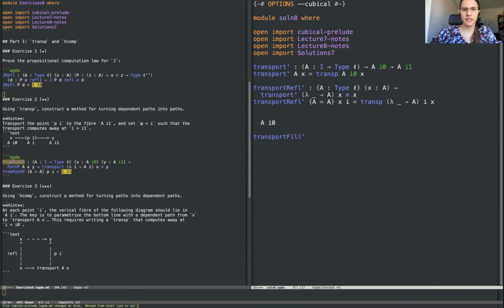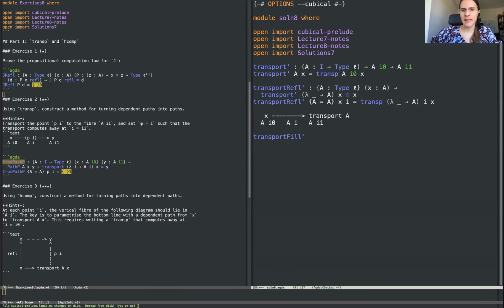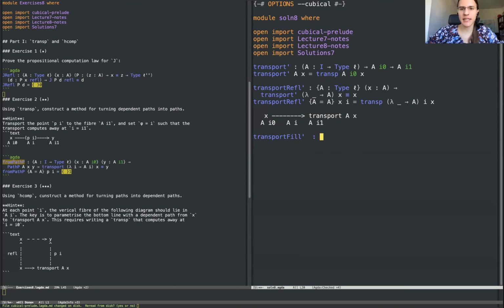So let's say x lives here. Then what happens is we go over the fiber of A of i up until we reach the fiber A of i1. And here the result is going to be transport A of x, right? Now the question is, can I create a dependent path living over the fibers A of i connecting x to transport A x? And the answer is yes.